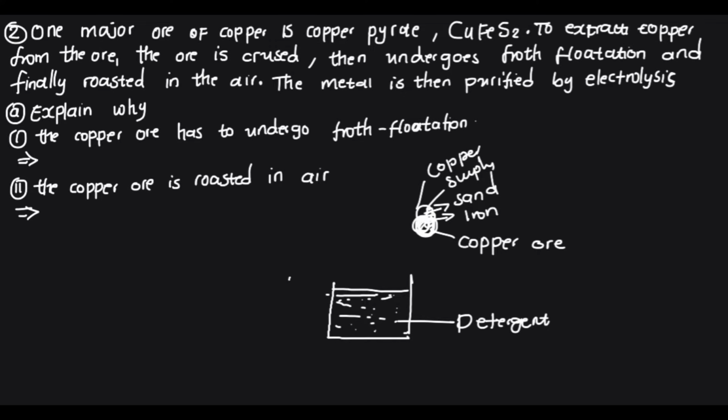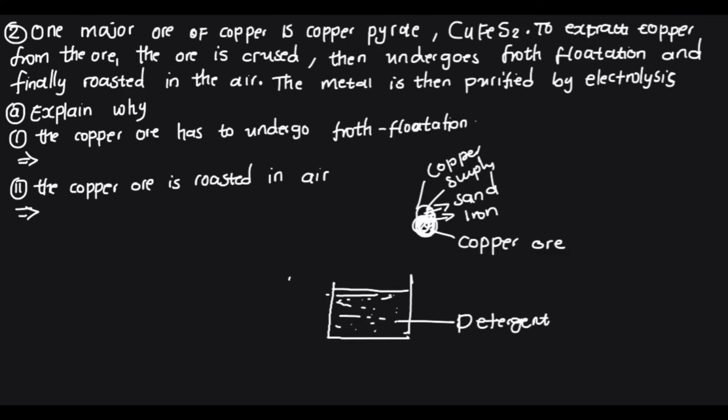So whenever we look at the extraction of a metal such as copper, we are looking at how we can separate the impurities from the pure metal, or how we can separate this pure copper metal from its impurities. So it has to undergo certain stages. The first stage is, we are told that the copper ore is crushed, so they try to break it into smaller pieces.